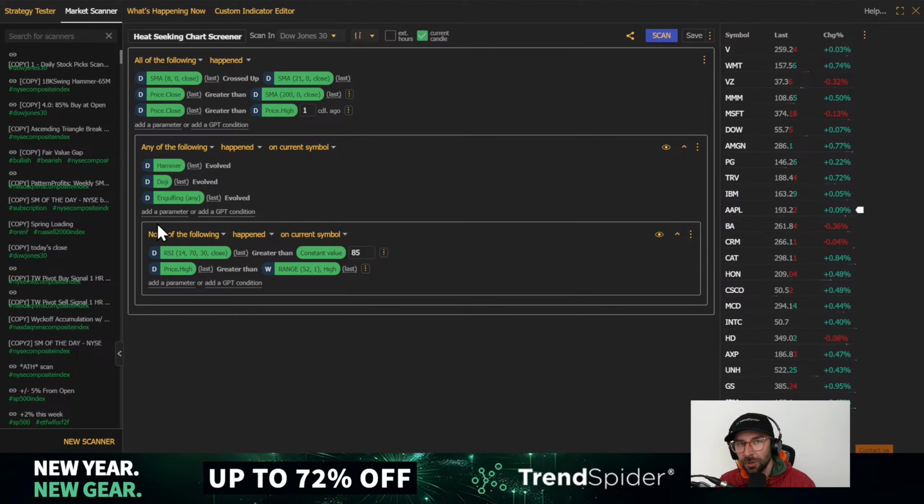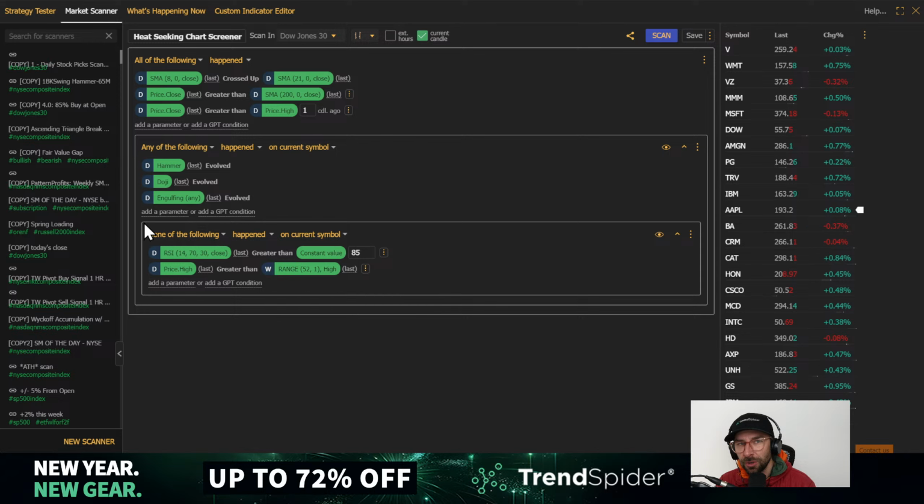So notice that this condition group that I just made for these none of the following conditions is within this condition group. So now this none of the following group is being applied to this any of the following condition right here, right? That's kind of interesting. So now we're saying either a hammer, a doji, an engulfing, or these none of the following conditions are true.